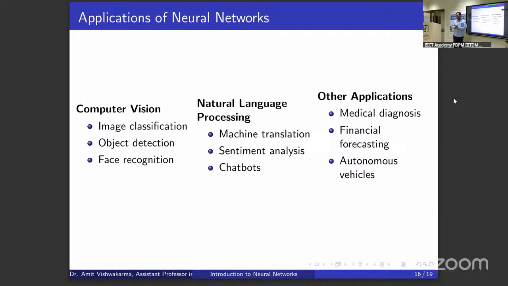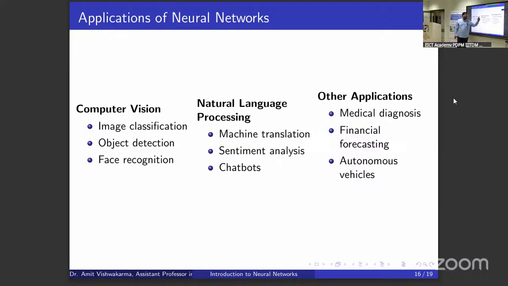Then object detection: in war-like situations, you can detect the positions of equipment in an enemy country, this is some equipment, this is some radar, and we do this using satellite images and object detection. Face recognition, recognizing the face.